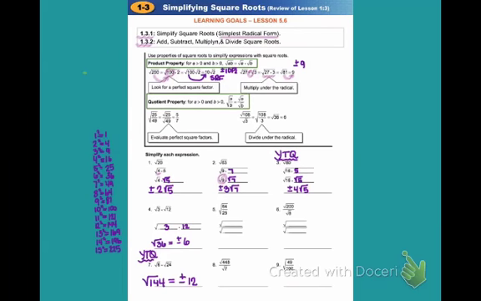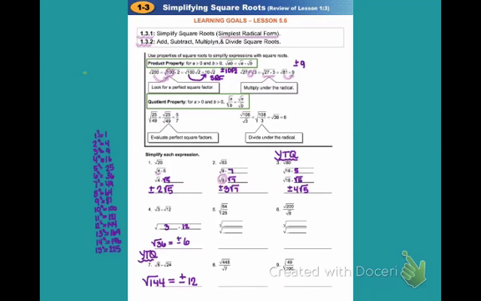Now the quotient property says if a is greater than 0 and b is greater than 0, and by the way, the reason we have to qualify the values of a and b is because we can't take the square root of negative numbers, so we have to have positive values. What it says is the square root of the quotient of a over b is equal to the square root of a divided by the square root of b.